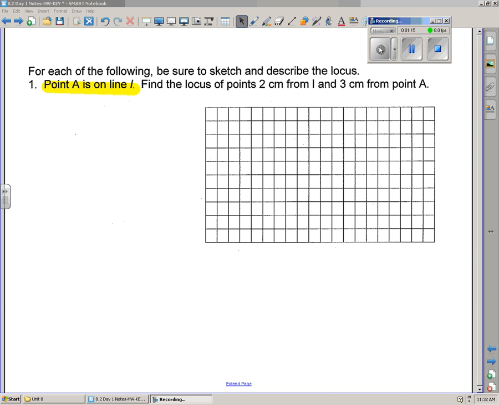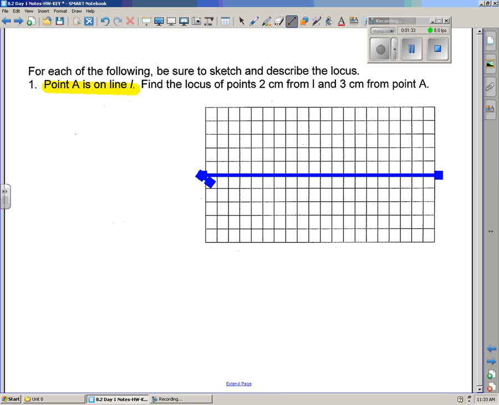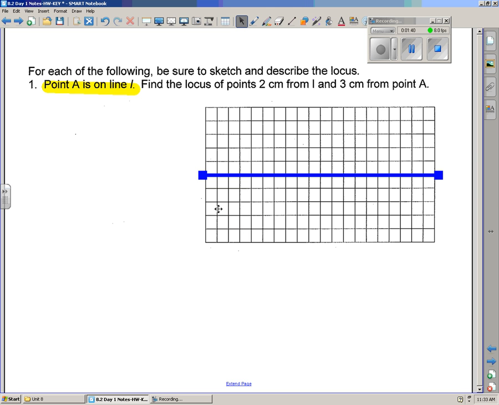So we draw a line anywhere on this grid, and because it's a given, you need to make sure that it's solid. Don't worry about this little extra blip over here. Let's delete this. Okay, there we've got our line L, and we're going to label it as such.